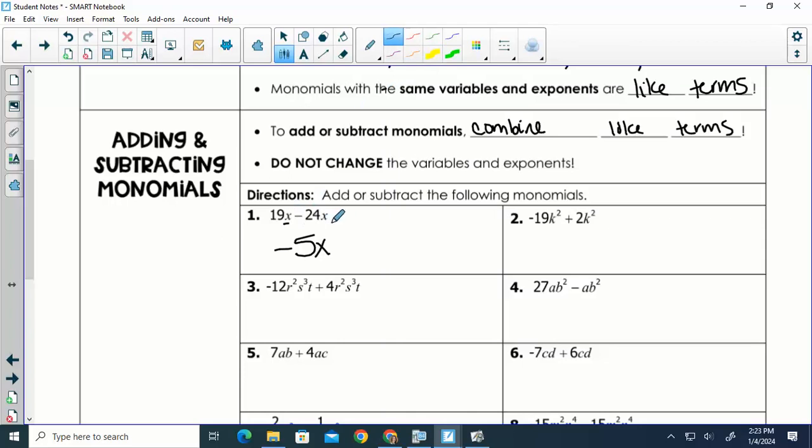We had an x here, we keep the x at the end. If I say negative 19k squared plus 2k squared, what would that be? Negative 17k squared. The k squared is just like your label. So you just keep this. You just combine the coefficients.